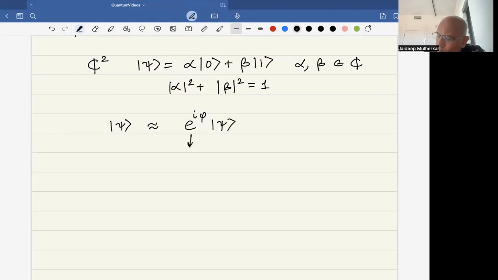This is known as a global phase, and due to the measurement postulate, these states can't really be distinguished in terms of measurement. Therefore, these two states are not the same but are equivalent. They are indistinguishable in terms of measurement.